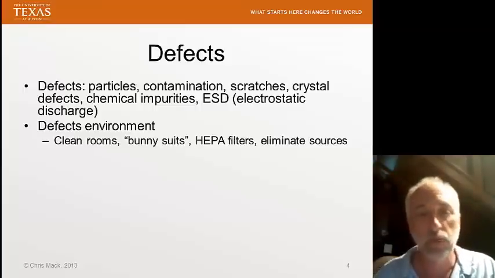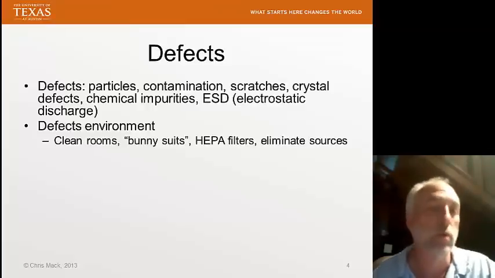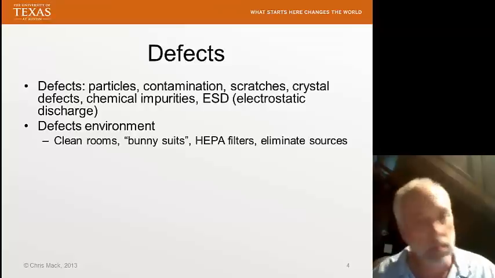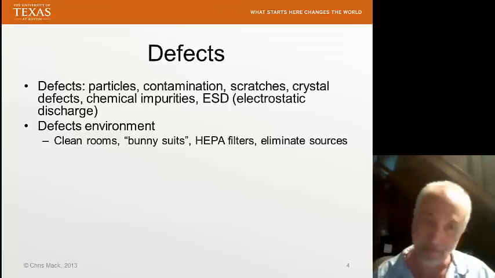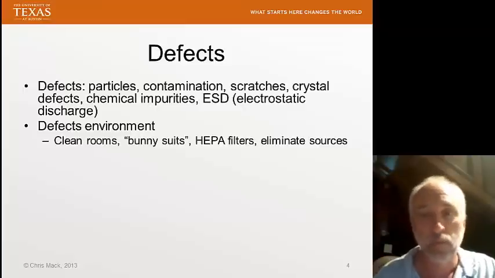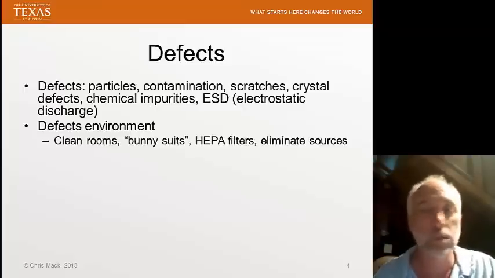We use a room with HEPA filtered air, and all of the people wear these bunny suits that completely cover them up, actually to protect the wafers from the dirt that people generate. And then we go around looking for all the sources of defects and try to eliminate them.